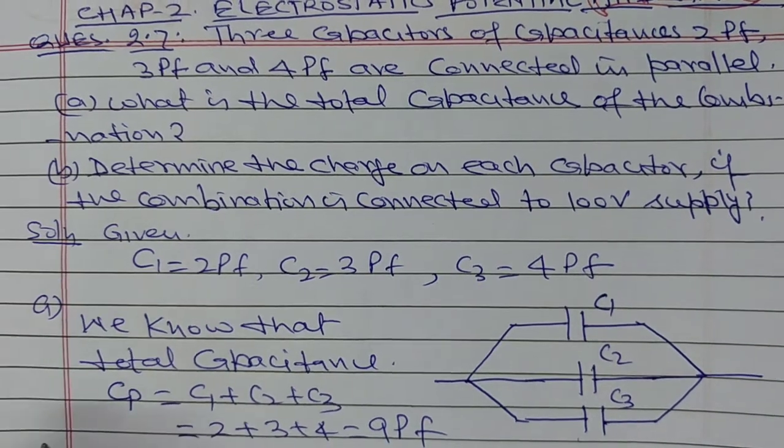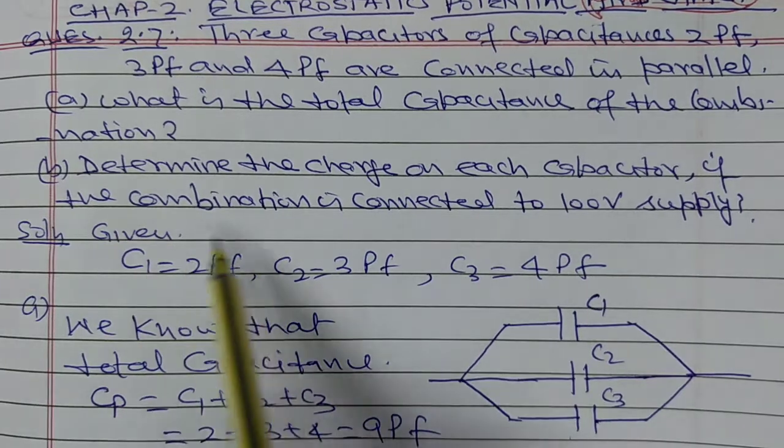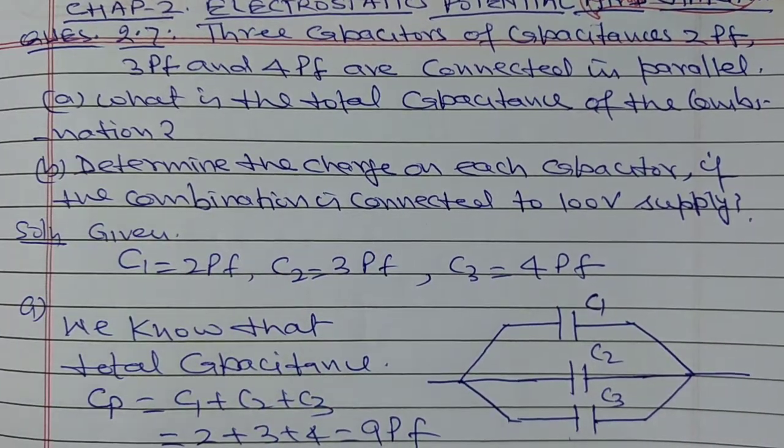Now B part में कहता है determine the charge on each capacitor if the combination is connected to 100 volt supply.